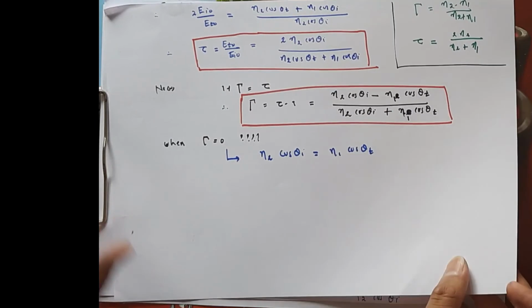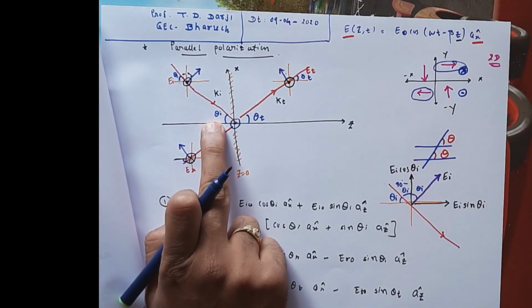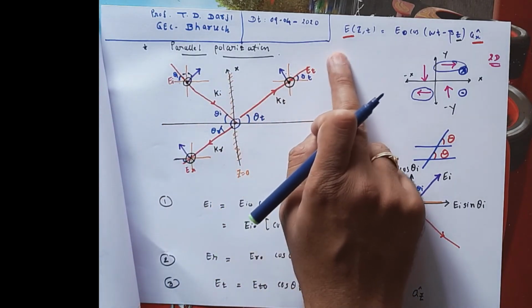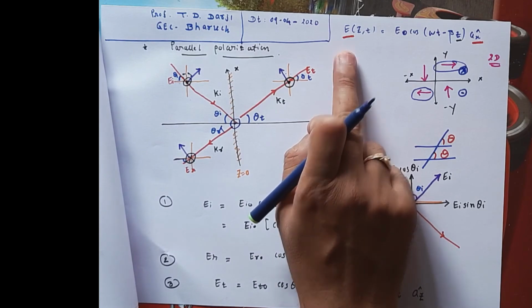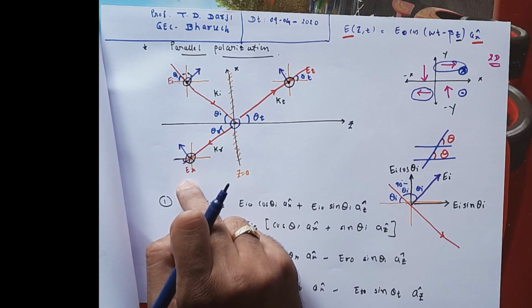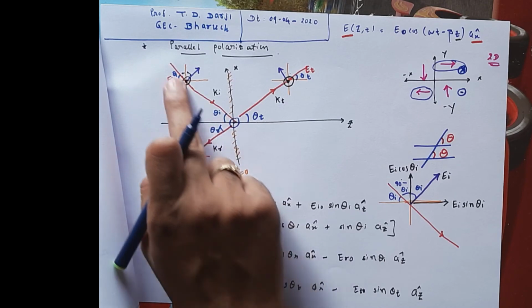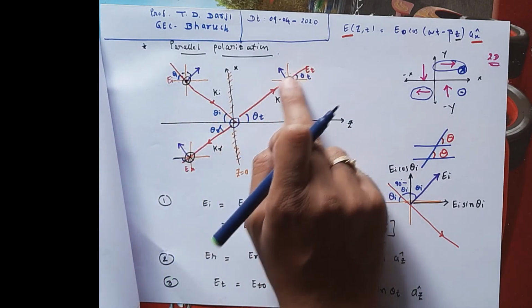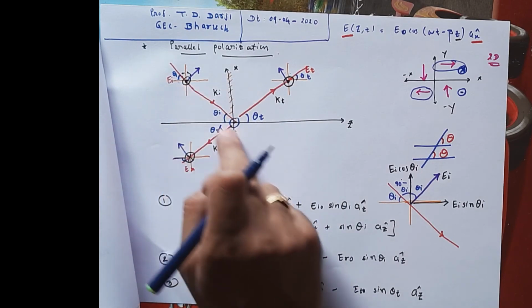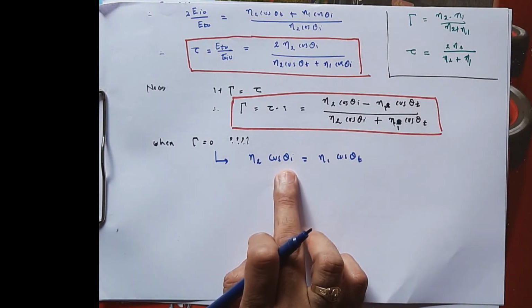Now we have to find out at which angle theta_i the incident wave is totally transmitted, or in other words, at which incidence angle the reflected wave is 0. I repeat: at which incidence angle is the incident wave exactly transmitted, or the reflected wave totally 0? We have to find this theta_i.